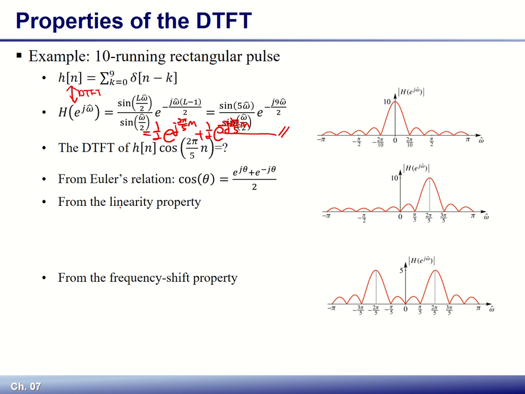So due to the linear property, it will be a half h[n] e^{j 2 pi over 5 n} plus a half h[n] e^{-j 2 pi over 5 n}. You can separate the two terms and use the frequency shift property.